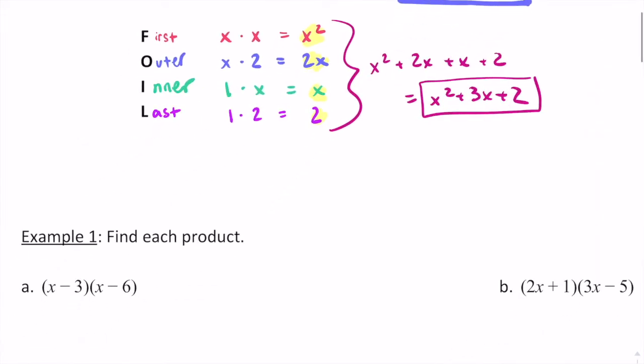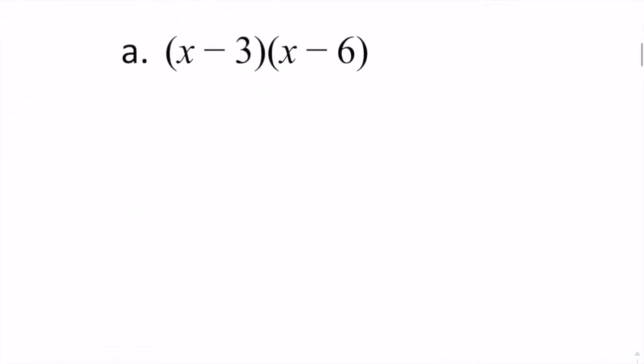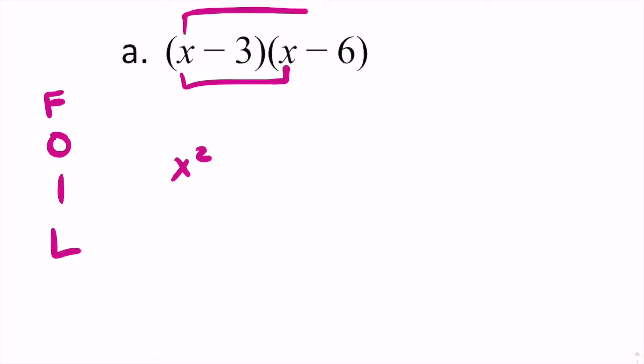I would recommend showing your work every single time we do this, for example, finding each product. Let's do this one as well. If it helps you, write it out: FOIL. First terms are my x squared terms, so I have x squared. My O stands for outer, so I have my outside terms: negative 6x, because I have positive x and a negative 6.